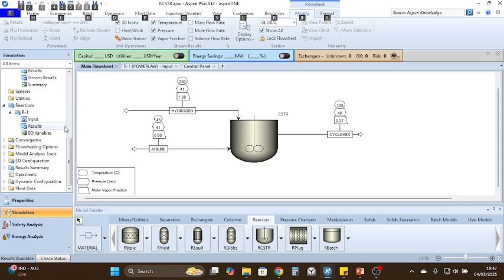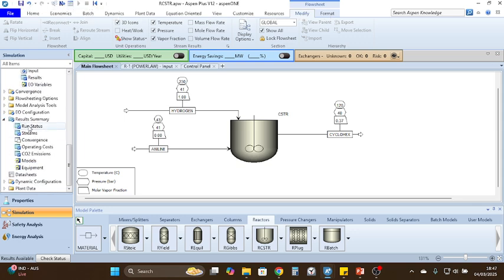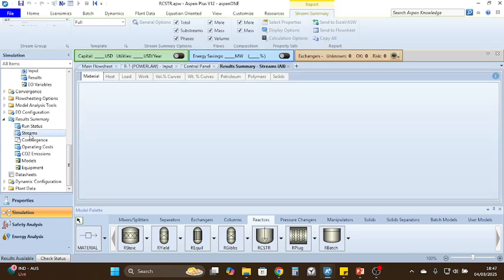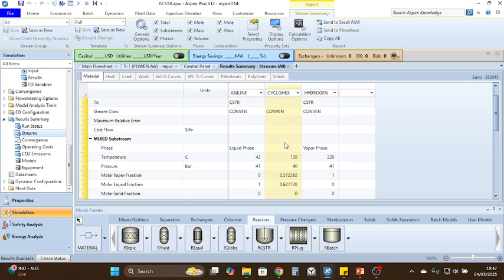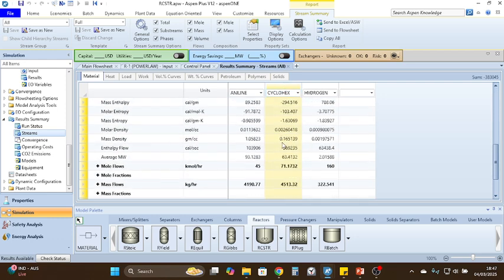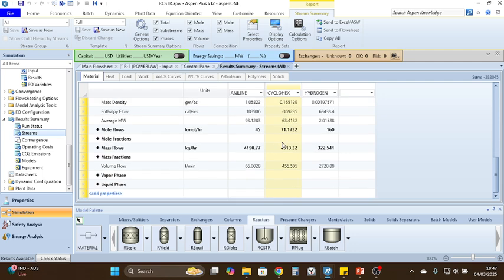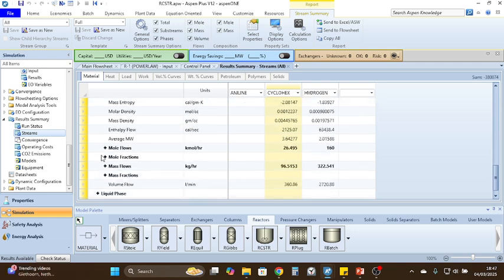So for that we have to come to our result summary. Over here we have streams. Next is our cyclohex. So this is our product stream. So coming down, here is the vapor phase mole fraction.